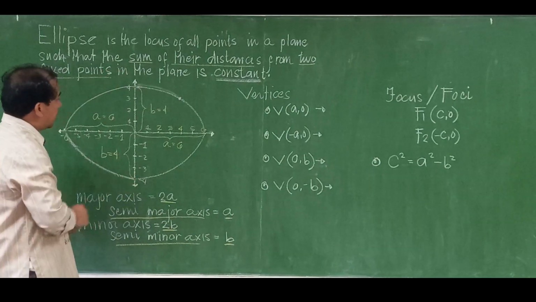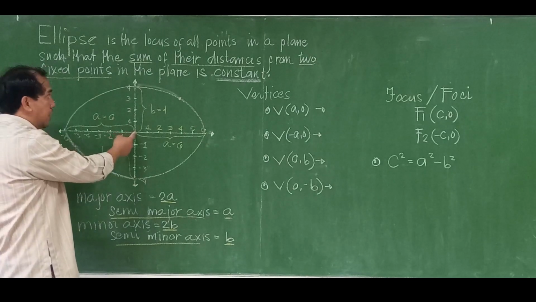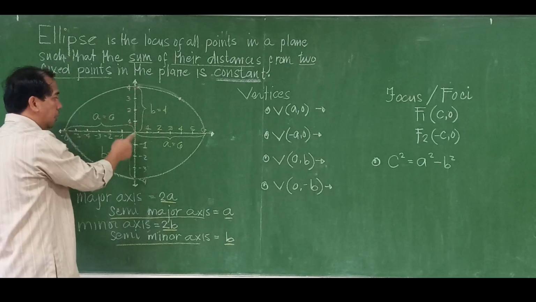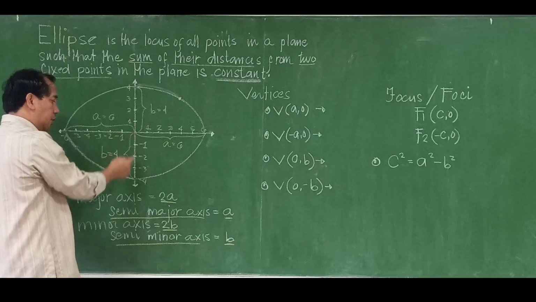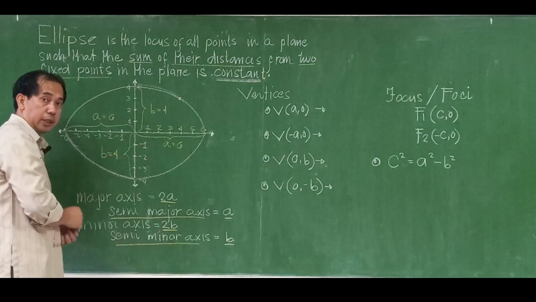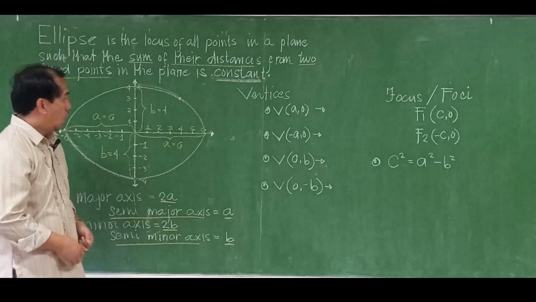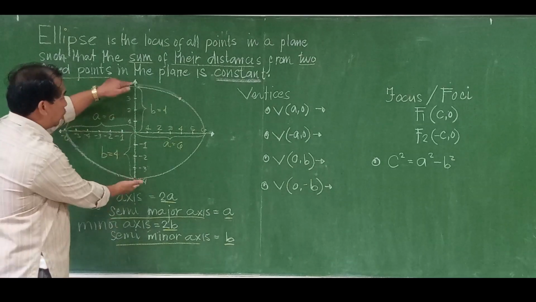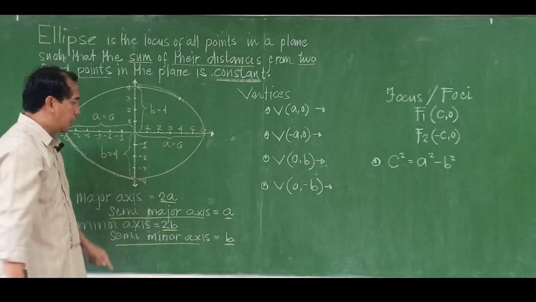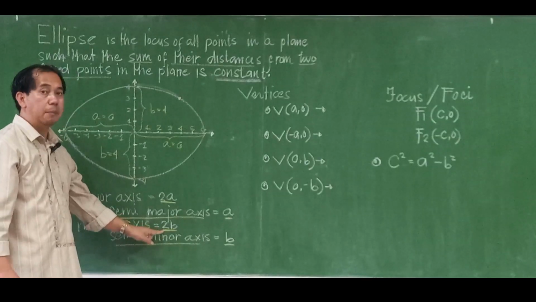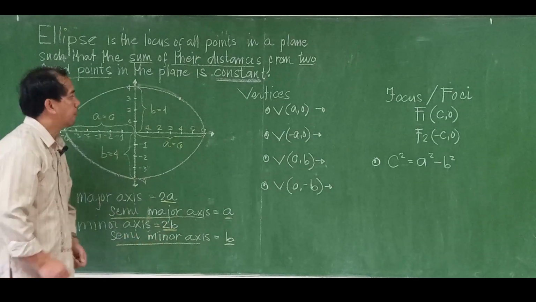Again, the measure from the center going up is b. The measure from the center going down to this vertex is b. So if I have to get the total, I must have 2b. b plus b is 2b.